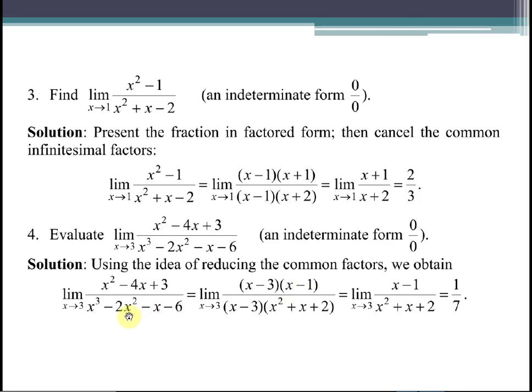The denominator gives x minus 3 times x squared plus x plus 2. So they are again cancelled, x minus 3 and x minus 3. We have just x minus 1 over x squared plus x plus 2. And if we put 3 instead of x, we have 1 over 7.